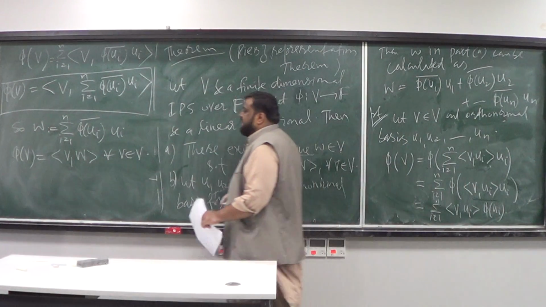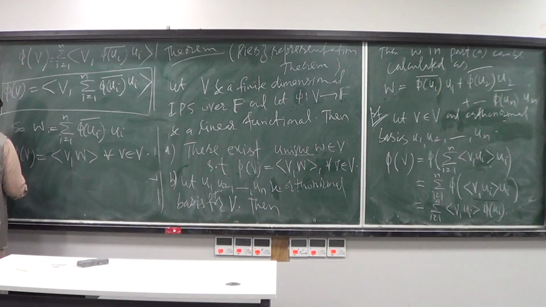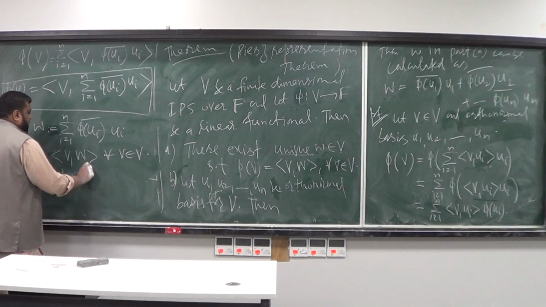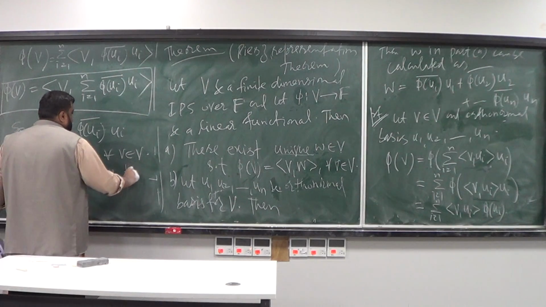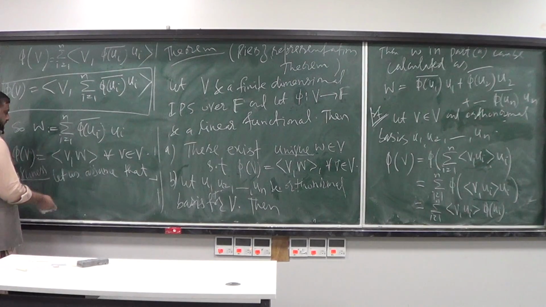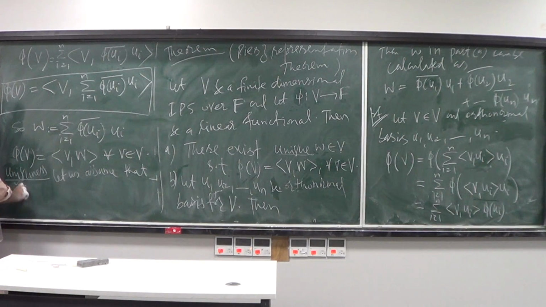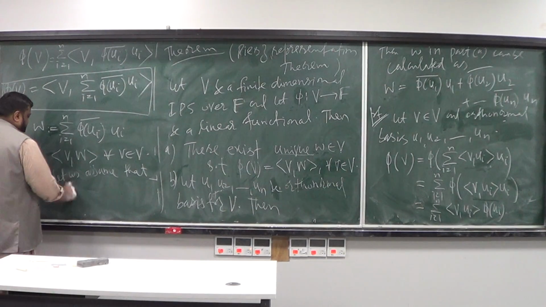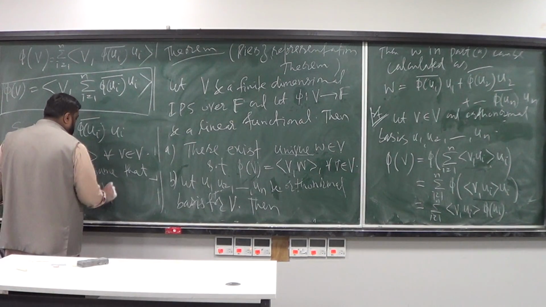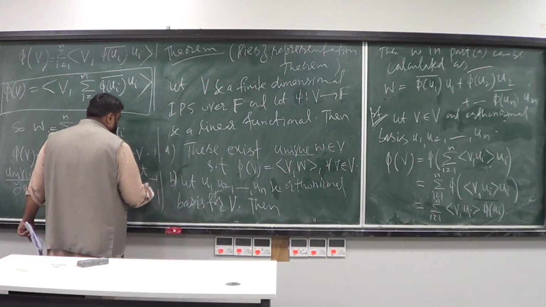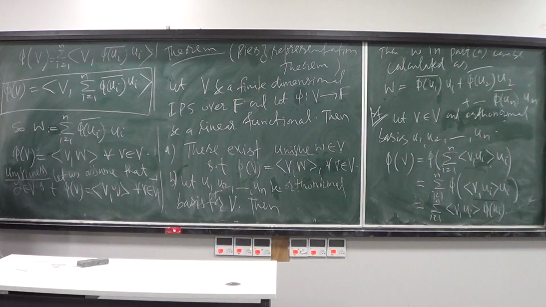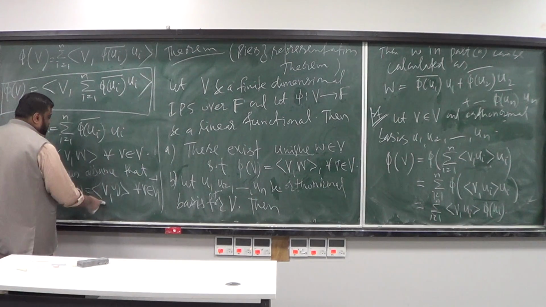So to prove the uniqueness, let us assume that I have another y in V such that phi of v is equal to the inner product of v with y for all v in V. Now, since phi of v is this and phi of v is this, these two should be equal.